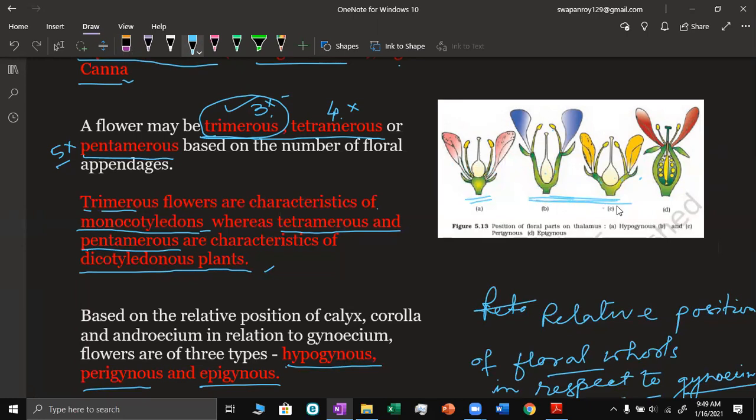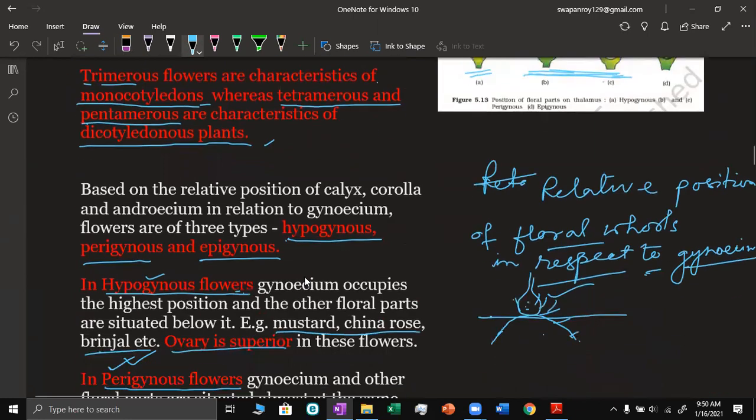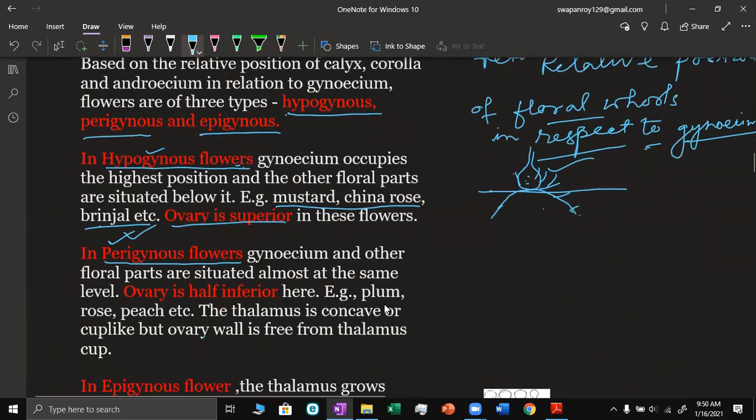Perigynous flowers are there in the pea family also, in plum, rose, peach, and pea, etc. The perigynous ovary is sometimes called half inferior.